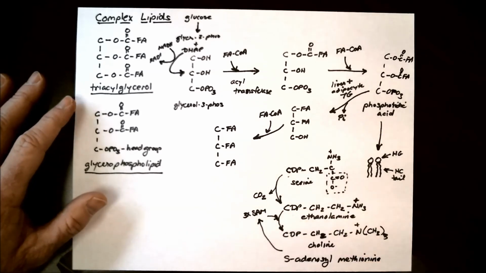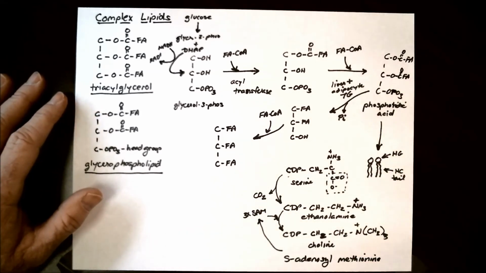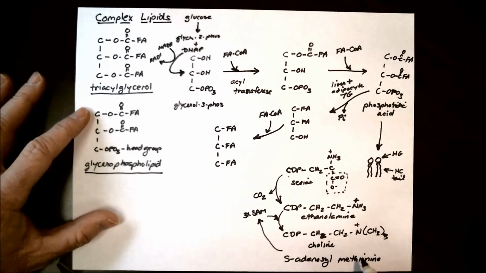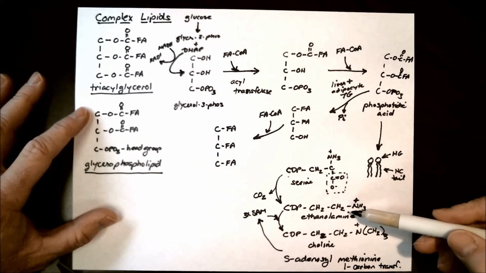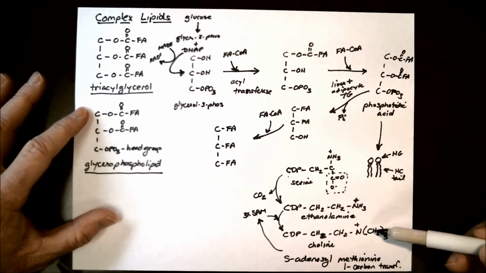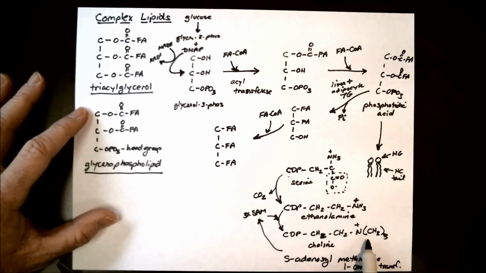We'll talk more about SAM, the synthesis of SAM, but SAM is involved in 1 carbon transfers. And so to convert ethanolamine into choline, we are going to do 3 individual 1 carbon transfers, 1 carbon being the methyl groups. And here we have now 4 bonds onto nitrogen, which gives it a permanent positive charge.